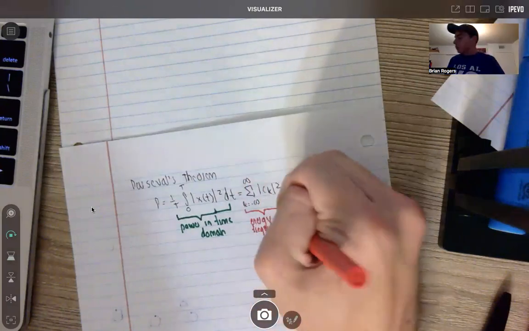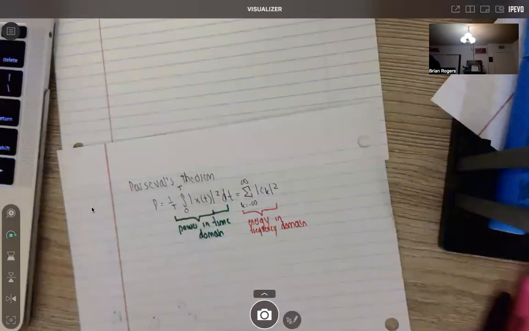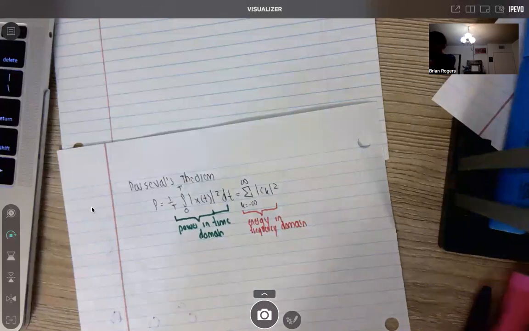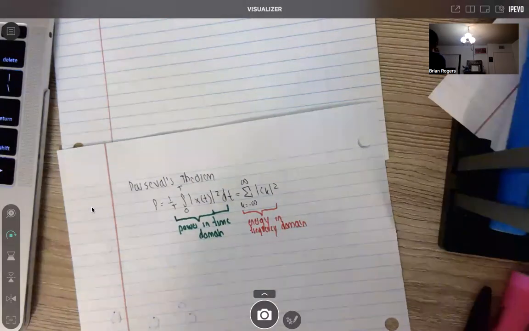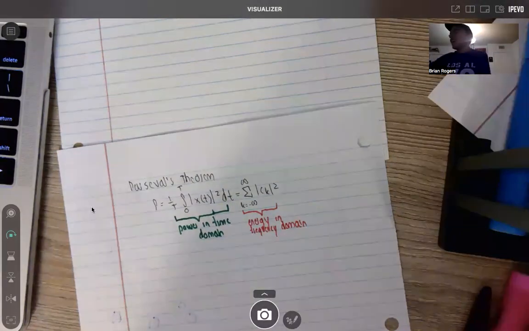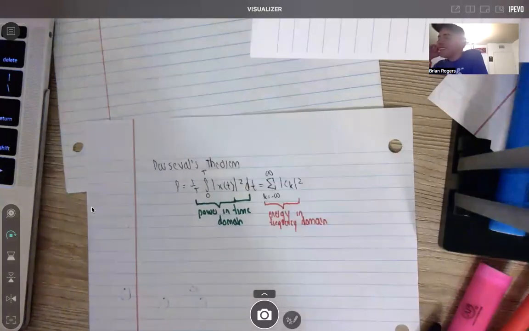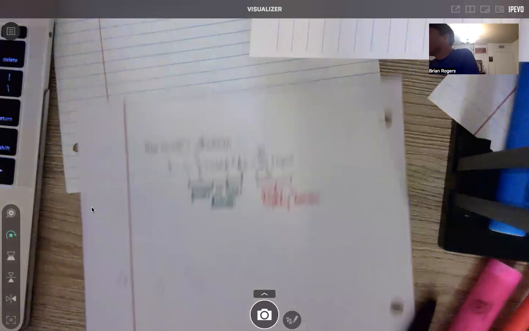Okay, so that's what Parseval said. Basically that was the cool part of his formula. That's what his contribution was to life. That might be a little sad. Sorry, I don't want to be remembered for that.